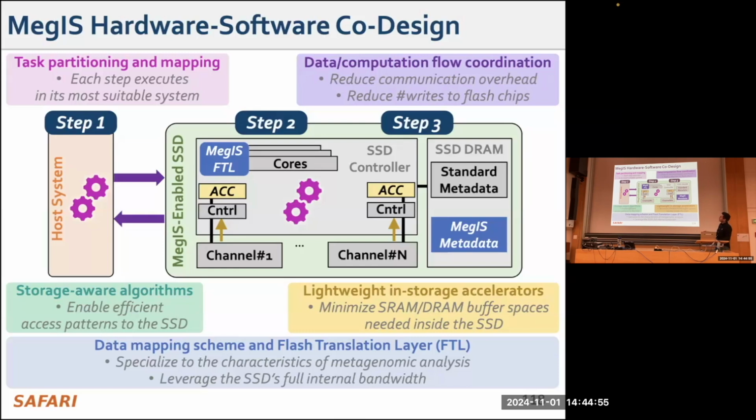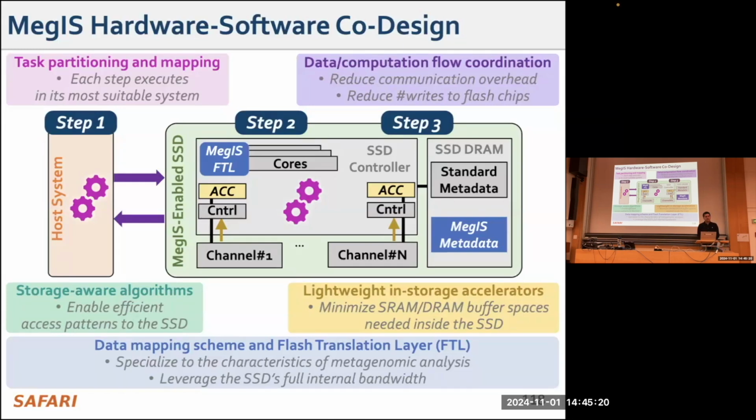Then once you prepare the data, you can send it to your Megis-enabled SSD so that it performs the rest of the computation. But still there are challenges, right? For example, you're going to access a huge database, but you don't want to randomly access this data. So you want to optimize your accesses so that you minimize the randomness.